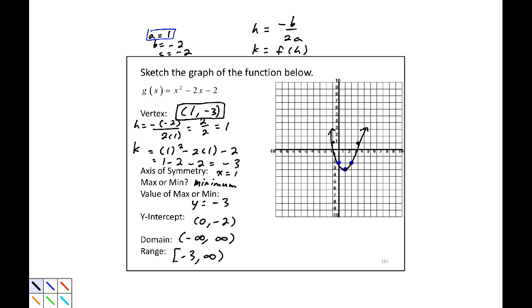But we could always evaluate this. So we can say 0 squared minus 2 times 0 minus 2. 0 minus 0 minus 2 is negative 2. So there my y-intercept is 0, negative 2.